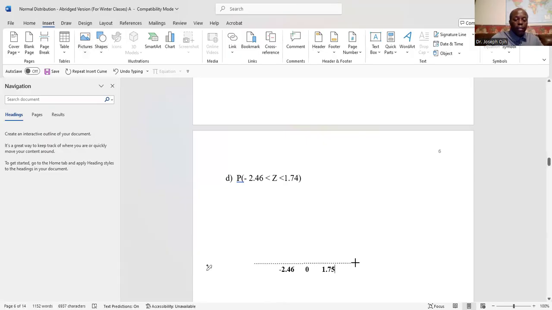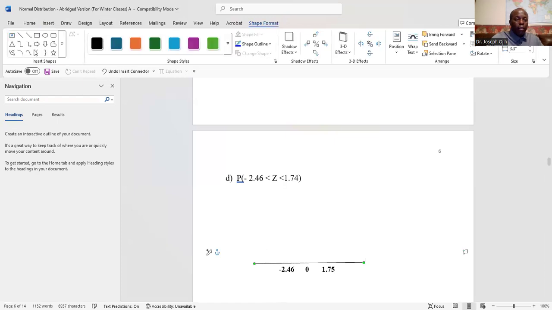Horizontal axis first, then you can draw a chart.